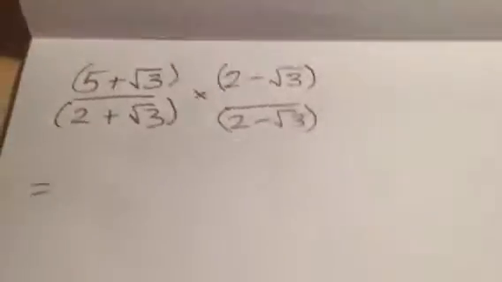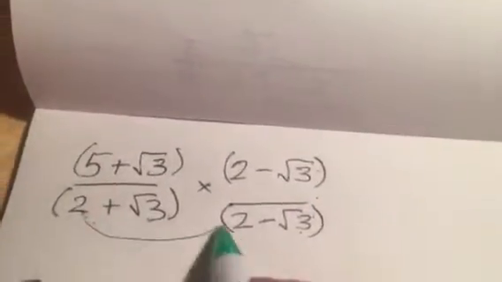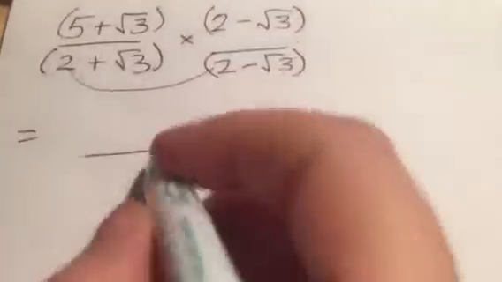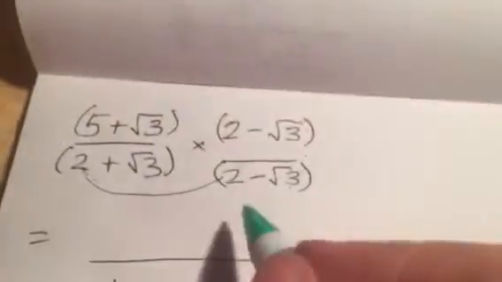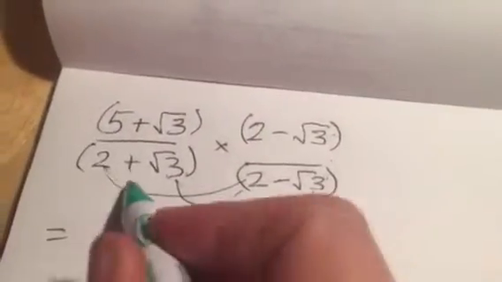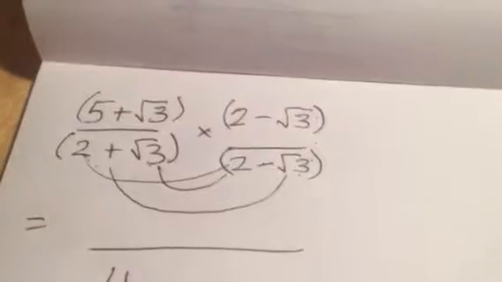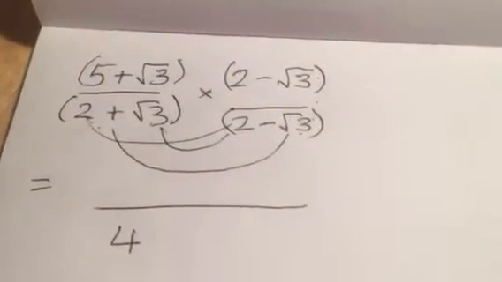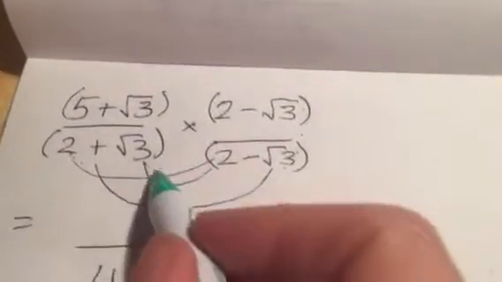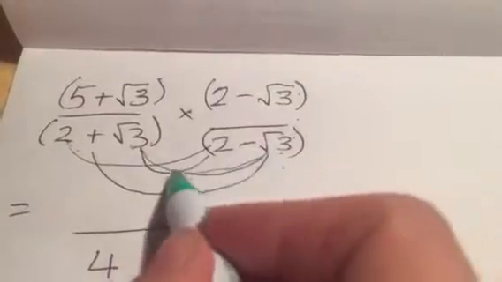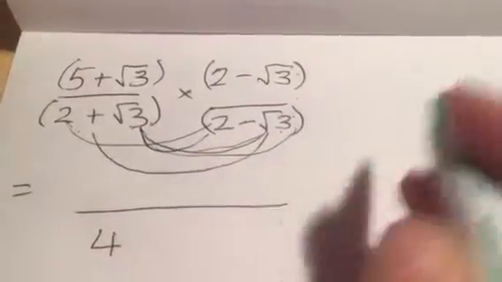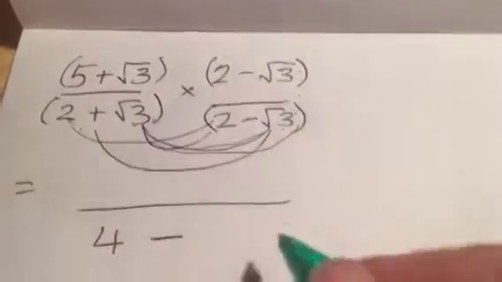Do your multiplications. So on the denominator I've got 2 times 2 is 4. A plus 2 root 3 and a minus 2 root 3, those two will cancel out. And that's the whole point of this method. And then at the end I've got a plus root 3 times minus root 3. So plus times a minus is a minus.